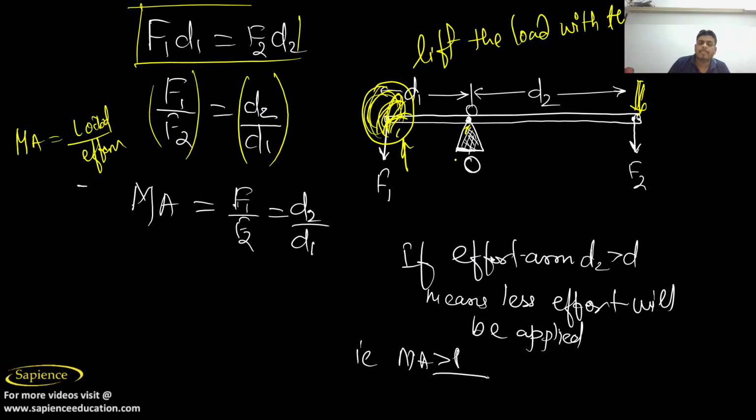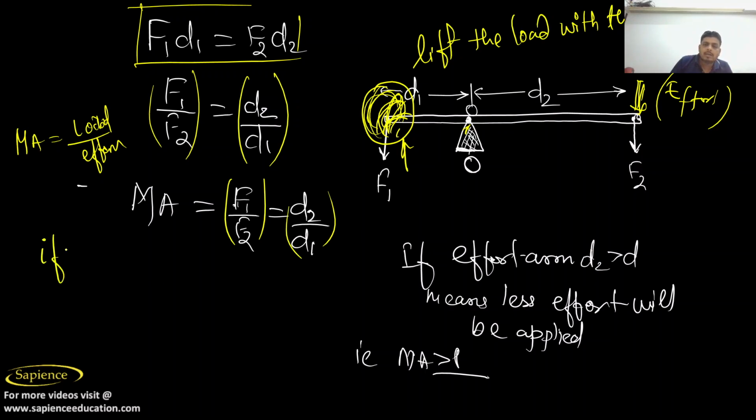If you are lifting by an effort, the effort is your F2. Now mechanical advantage is equal to F1 by F2, and that is equal to d2 by d1.